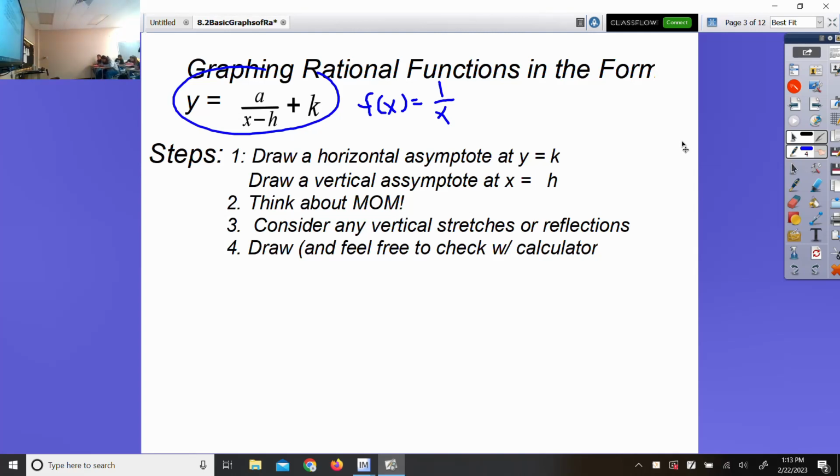There are steps in there. Most important one's probably the last one. Check with the calculator. Number 2 is a big one. Think about mom.